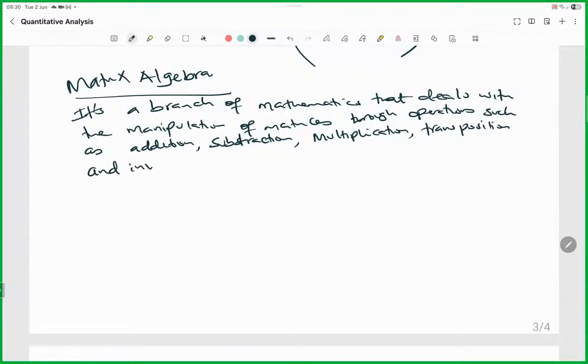So we're able to combine matrix addition and subtraction, we do them together. Matrix addition and subtraction.